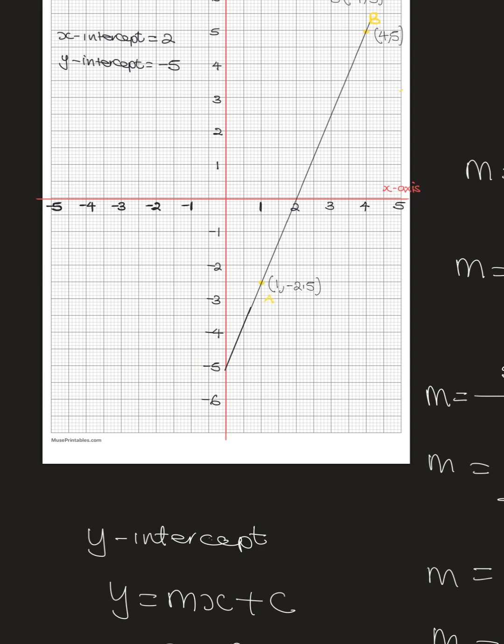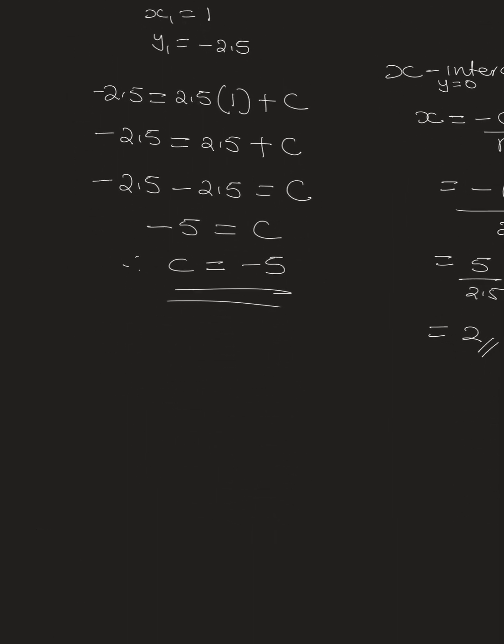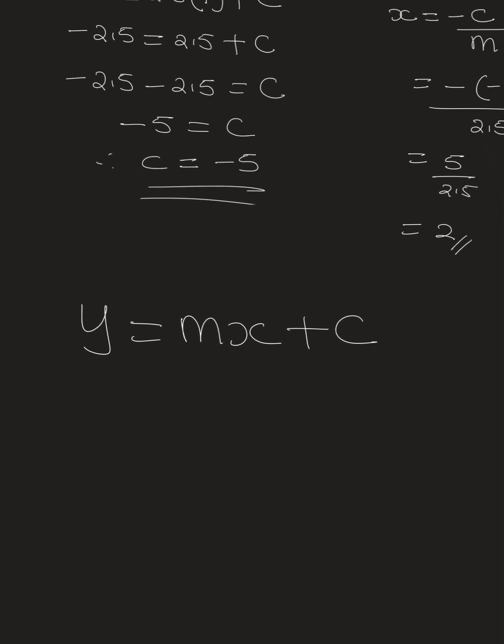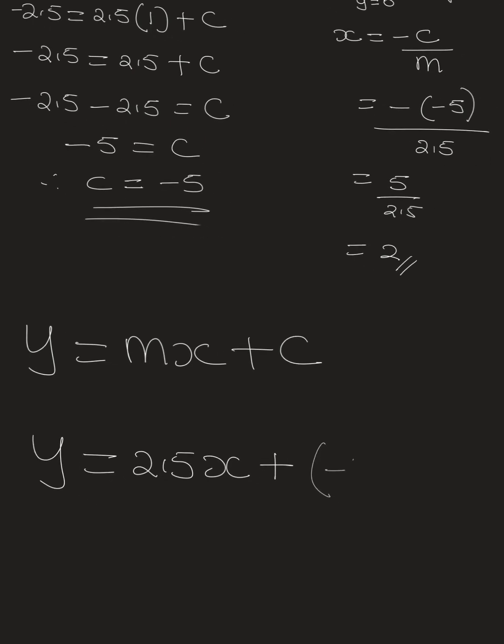Okay, so although not part of the question, if we were instructed to form an equation for this graph, we already know that y is equal to mx plus c. So with this general equation, if we substitute the values that we have for the gradient and for the y-intercept, we will have y is equal to the gradient, 2.5, so that will be 2.5x, plus the y-intercept, minus 5.